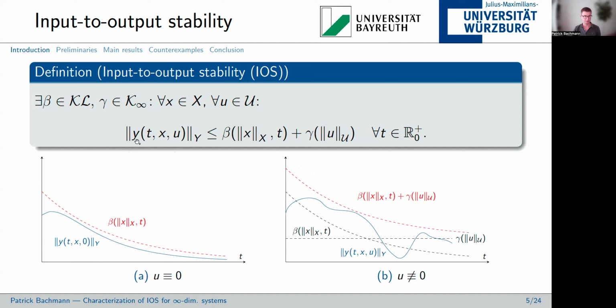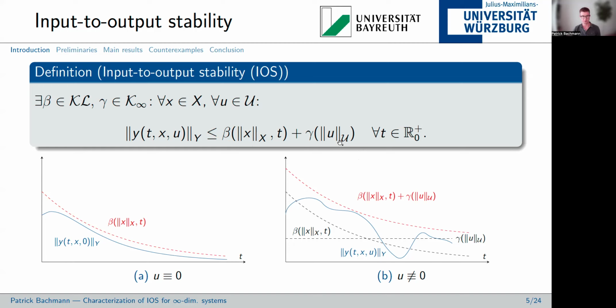So we bound the output value pointwise by a KL function of the initial state and time, and we allow some perturbation, which is in the size of a gain of the norm of u.